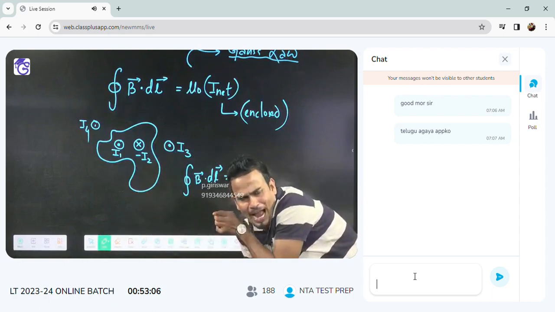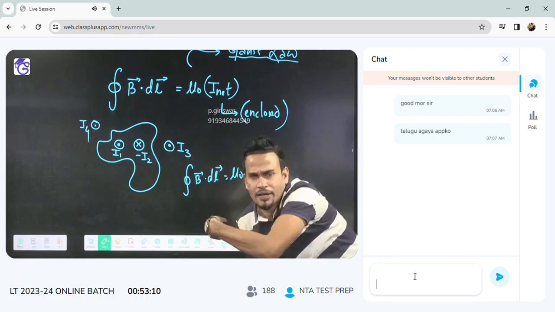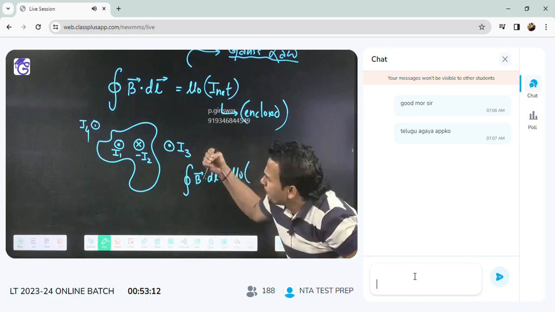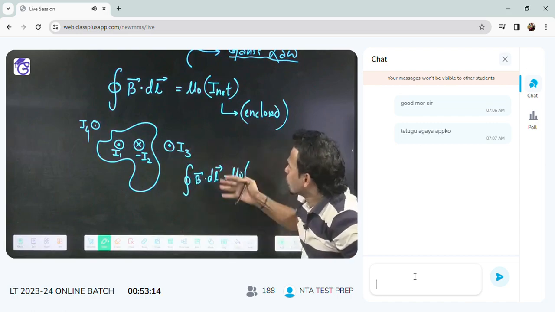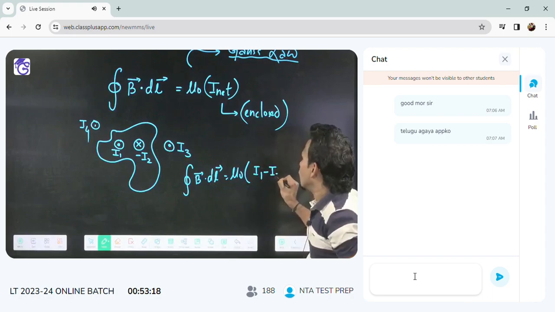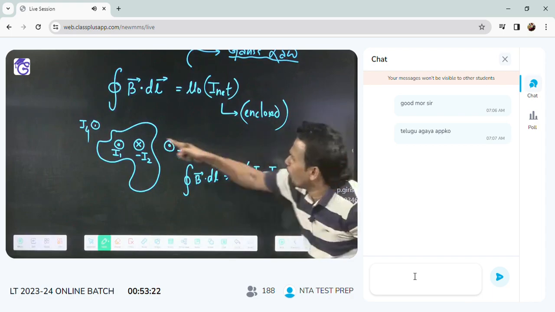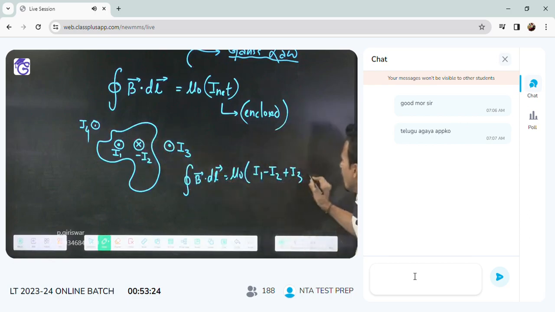Some current will be outward, some current will be inward. Conventionally we take outward positive, inward negative, so net current will become I1 minus I2, plus I3 outward, plus I4 outward.